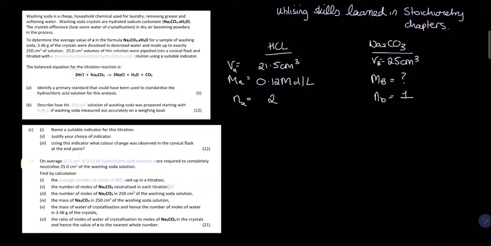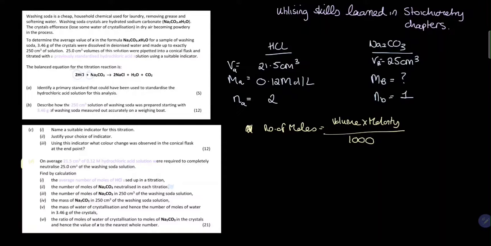So the average number of moles of HCl used up in a titration. You're going to be using this formula, if you remember it. The number of moles equals volume times the molarity over 1,000. Now, if you didn't remember that formula, I'm going to bring you through the thought process of how to actually answer these questions.